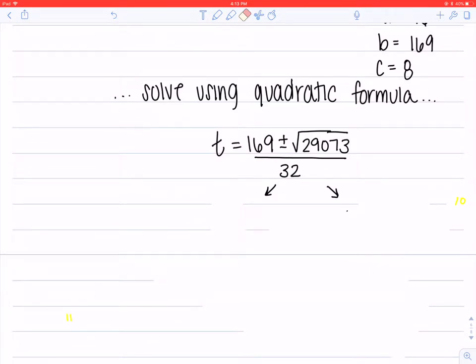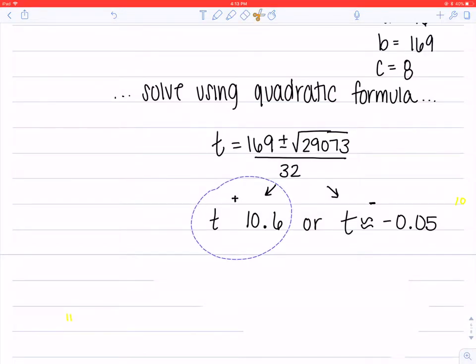Now, because I'm trying to find a time, I'm looking at how long until it hits. I don't really want the radical simplified because that doesn't make sense to me. So go ahead and get the decimal approximation. This one on the left is when you do 169 plus the square root. This one on the right is when you do 169 minus the square root.